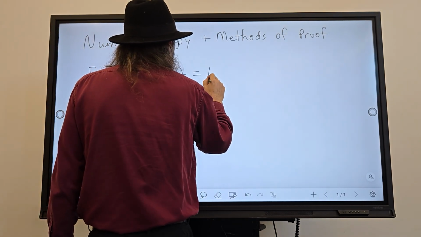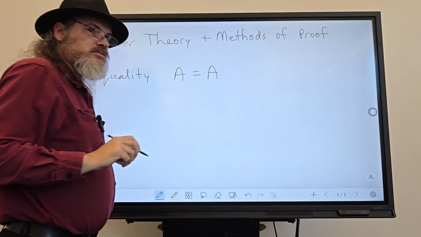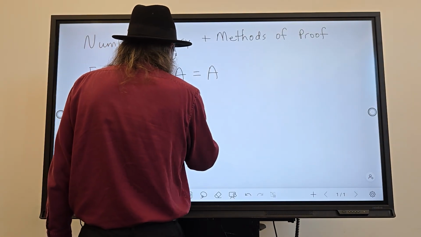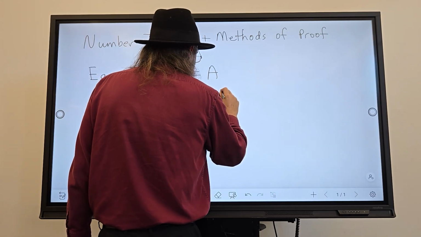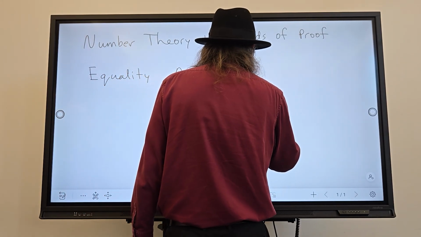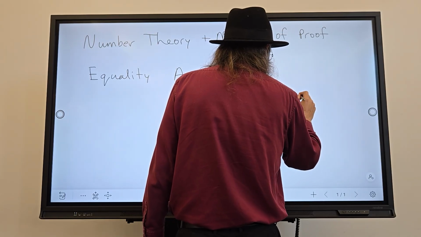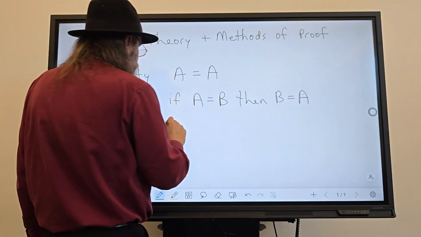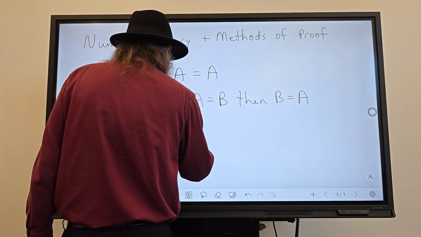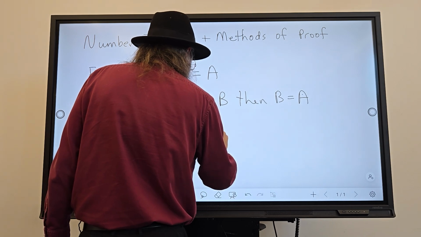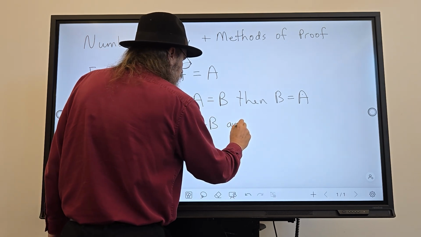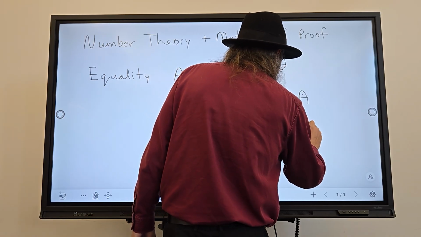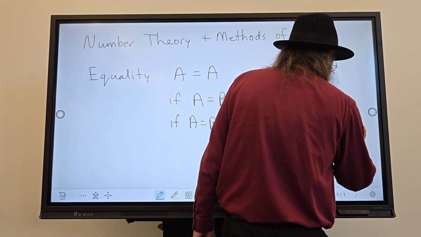A equals A in all instances in an equation. If A equals B, then B equals A. And the third one is, if A equals B and B equals C, then A equals C.